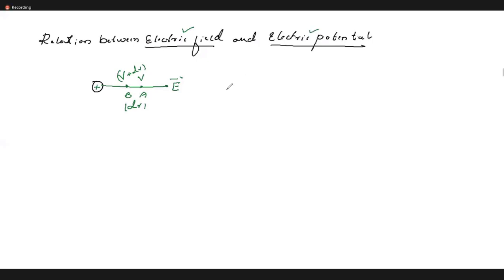Let me take what will be the force acting on a test charge. Let me write F is equal to Q into E.